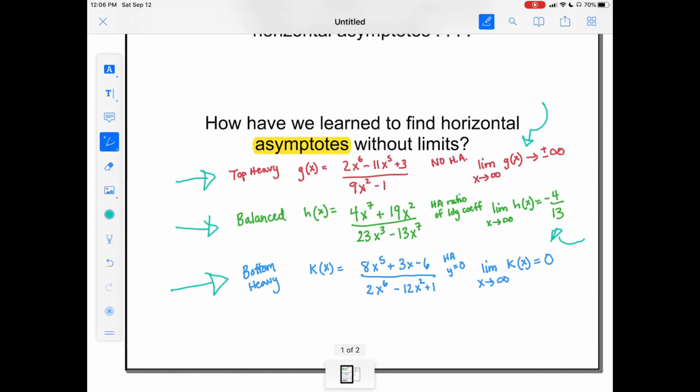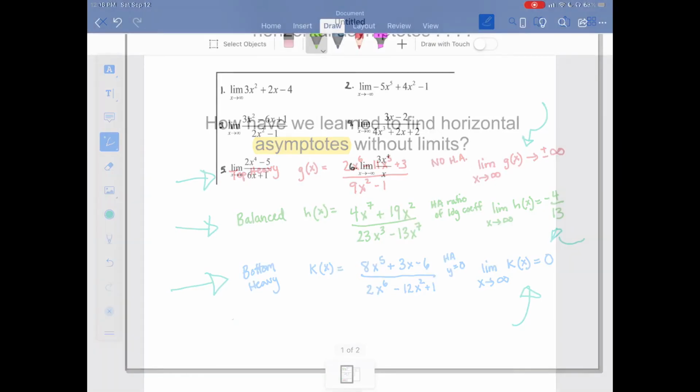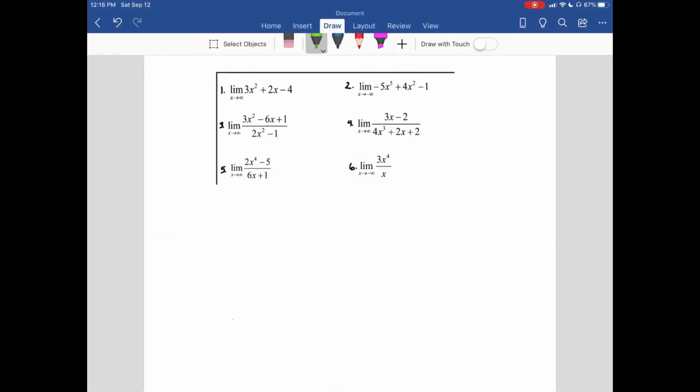And if in a fraction I have a big number on the bottom, that's going to approach 0. So with respect to the horizontal asymptotes, we know that's y equals 0. So I know that my limit as x approaches infinity or negative infinity for that function is going to equal 0.